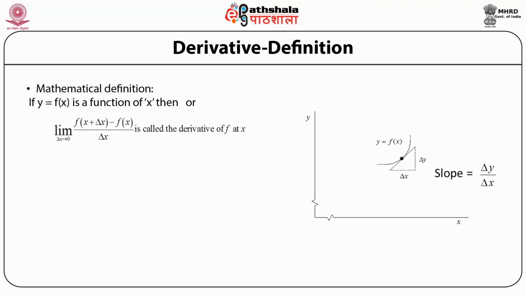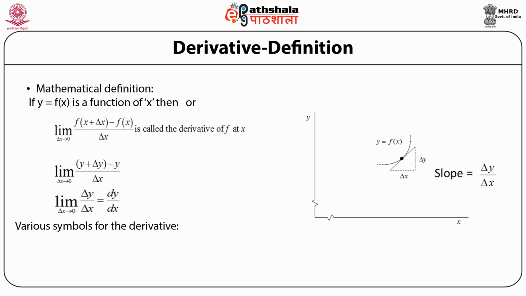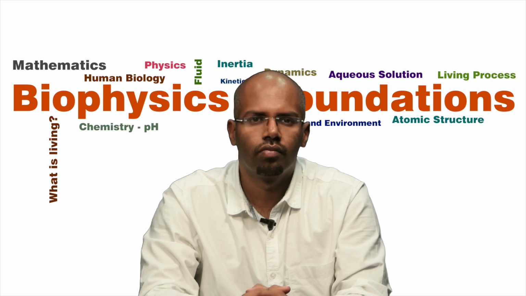It is also written as y plus del y minus y over delta x, which leads to delta y by delta x being written as dy by dx. So in short, the limit as delta x tends to 0 of delta y by delta x is dy by dx. The various symbols used for the derivatives are dy by dx, f dash of x, or d by dx of f of x.